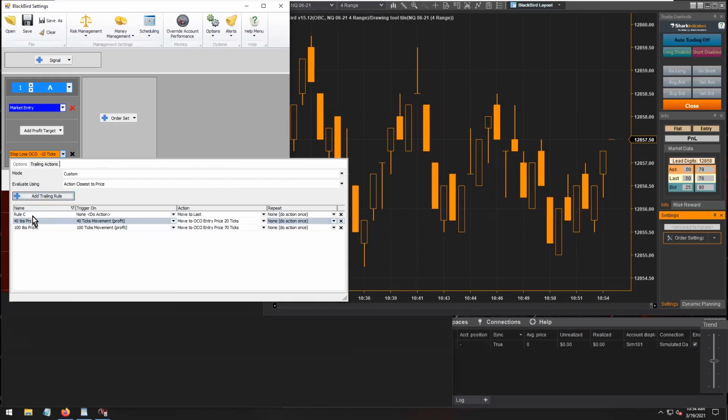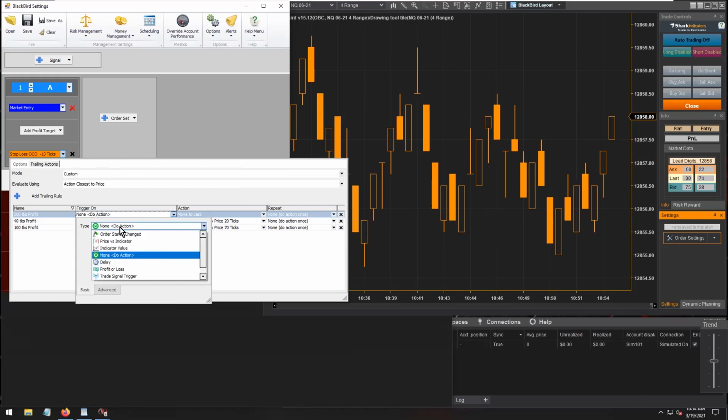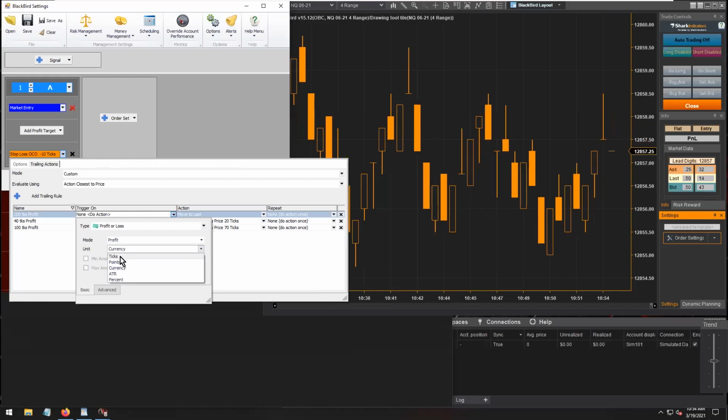So we just have one more trailing rule to go, and that's at 200 ticks of profit. Again, we'll go into our trigger. At this time, I'll take this opportunity to show you guys the profit or loss trigger here. In this, the mode is we're actually looking for a profit, and the units is not going to be currency but ticks, and you can see we also have percent.